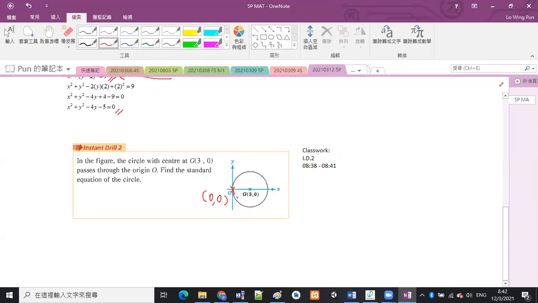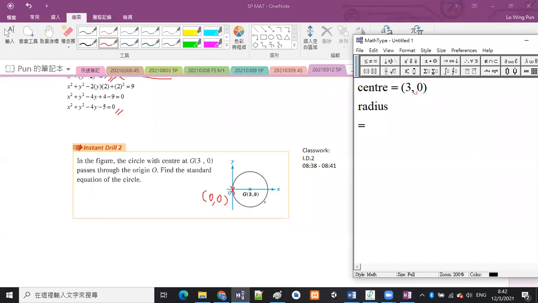So we have the coordinates of these 2 points, and we know that the radius is equal to the distance between O and G. So that is equal to OG, and the distance between 2 points can be calculated by the distance formula: the square root of (3 minus 0) squared plus (0 minus 0) squared. Then we have 3 squared plus 0 squared, so that should be equal to the square root of 9, which is equal to 3.